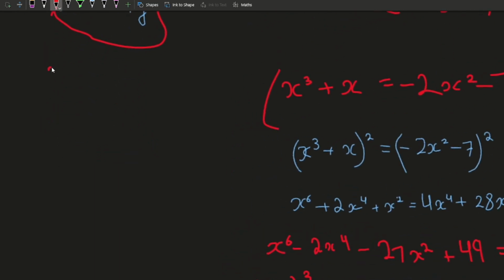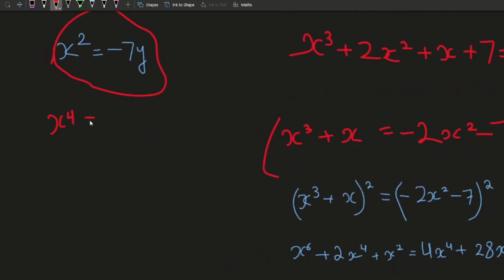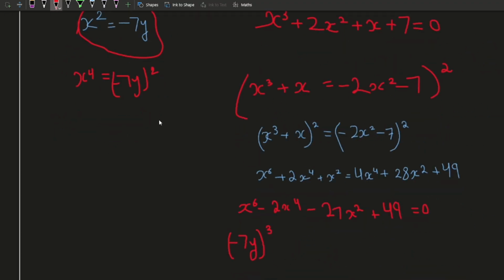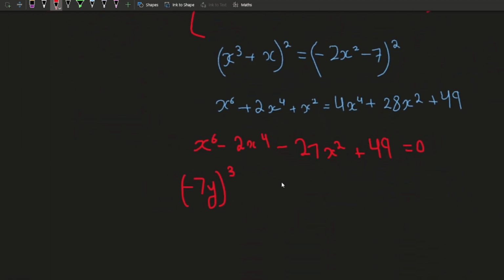So x to the power 4 would be equal to minus 7y squared. So this is what we are using here. So this would be this, and this would be minus 7y squared minus 27 minus 7y plus 49 equals to 0.